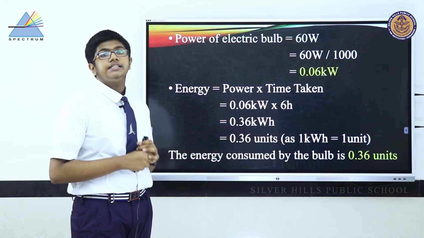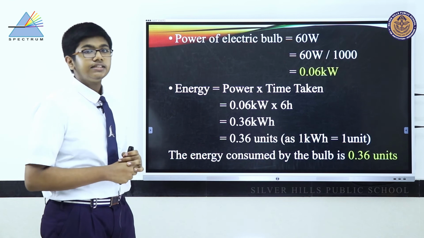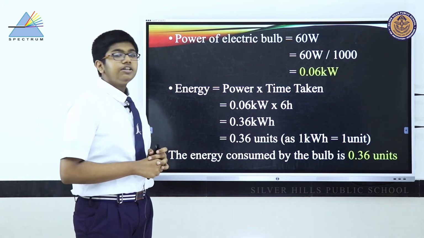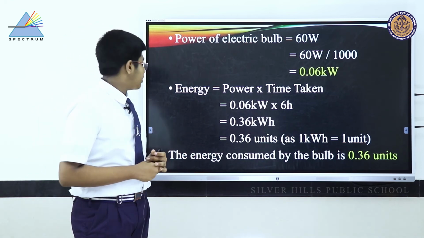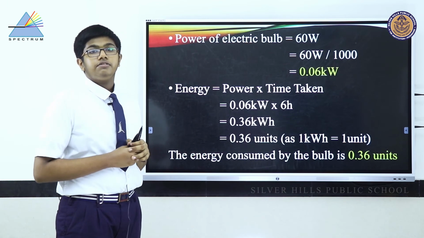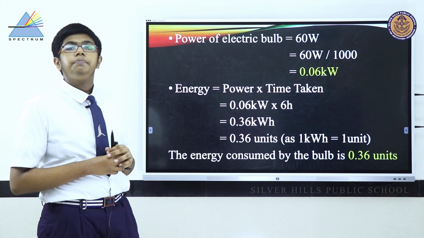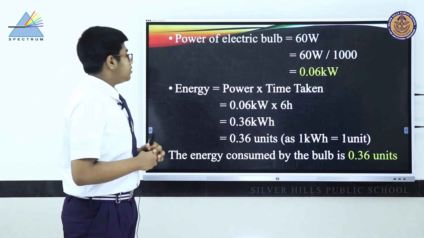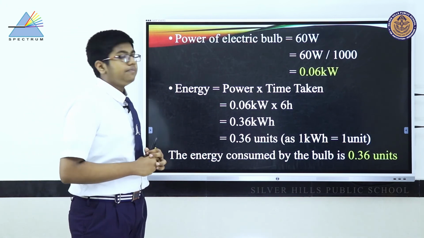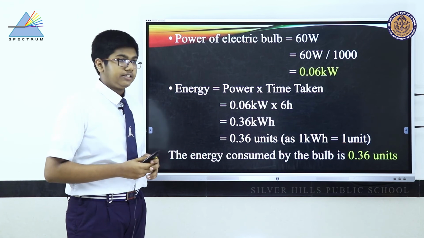When we multiply 0.06 with 6 hours, we get 0.36 kilowatt hour. As 1 kilowatt hour is equal to 1 unit, 0.36 kilowatt hour will be equal to 0.36 units. So the total energy consumed by the bulb is 0.36 units.